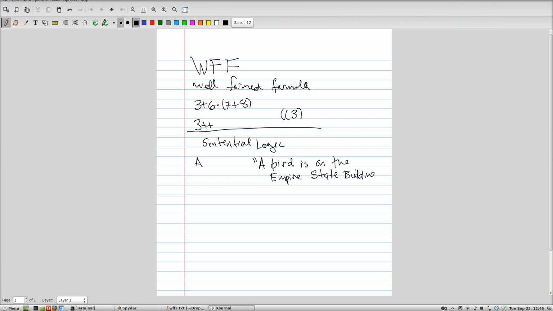And so you have a bunch of these primitive symbols. So for primitive symbols, I'm going to use just the capital Roman letters.